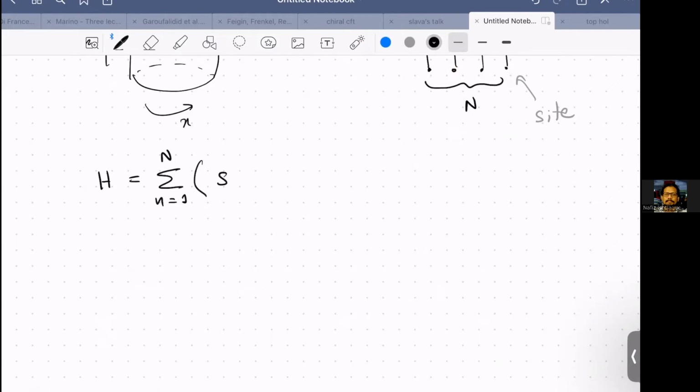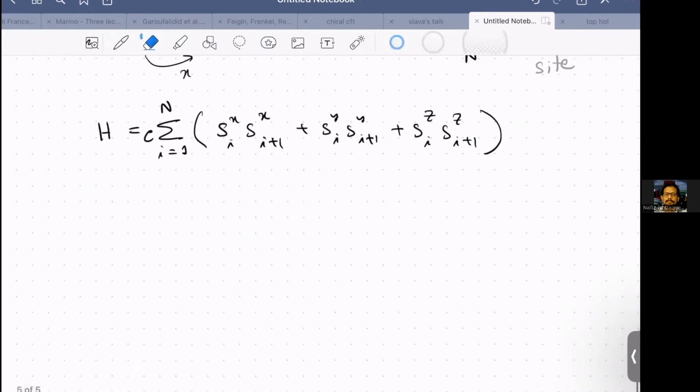And then there are going to be some operators. I will tell you momentarily what these operators are. And there may be some constant here. Doesn't really matter what the constant is. Well, maybe the sign matters.